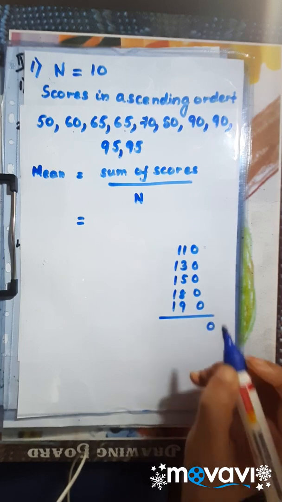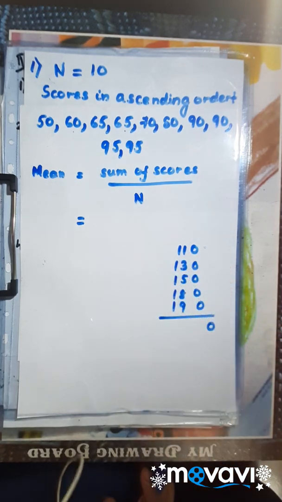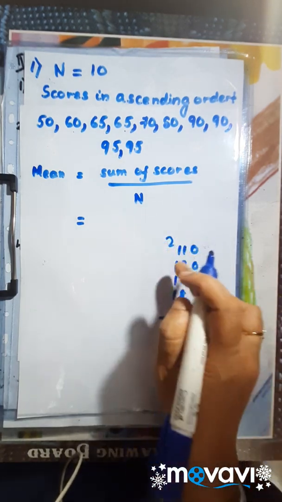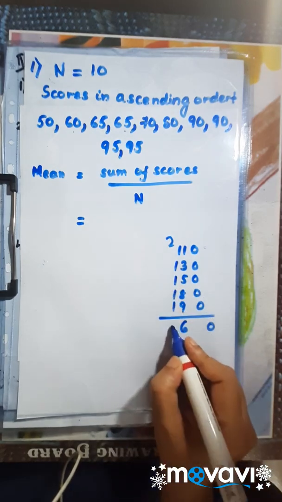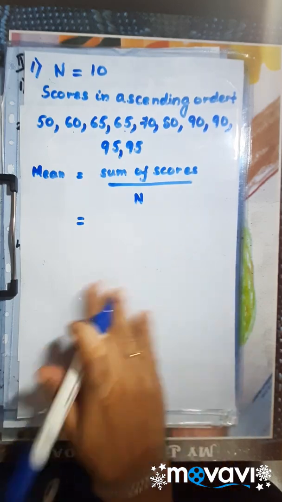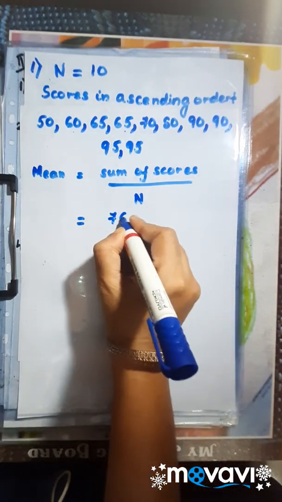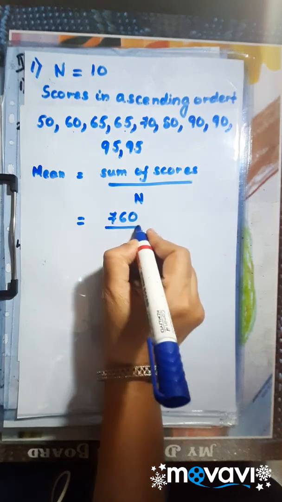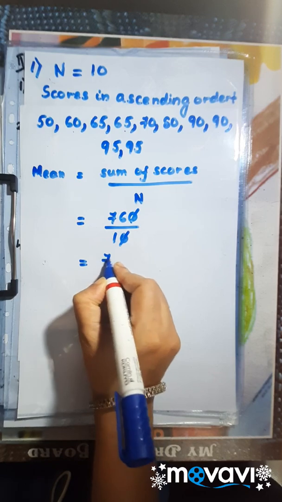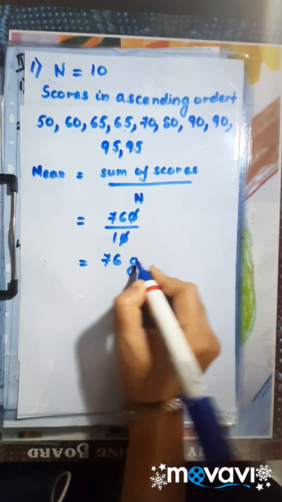So we'll get 0, 3, 4, 4 plus 5 is 9, 9 plus 9 is 18, 18 plus 8 is 26. 2, 3, 4, 5, 6, 7. 760. Okay, so sum of the scores is 760 upon number of scores is 10. So this 0 gets cancelled. So my mean is equal to 76 gram.